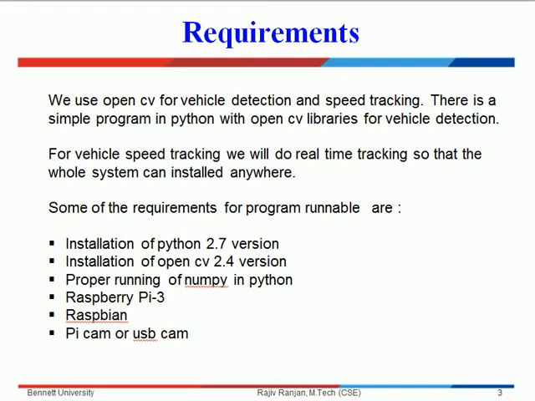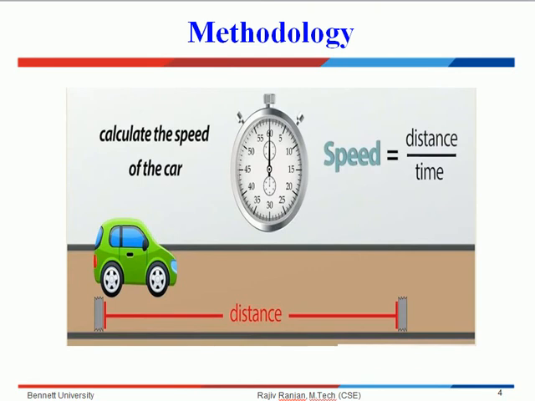Next we move forward to the methodology, the basic idea behind how we'll calculate the moving speed of the vehicle. We'll put two imaginary lines, two constant lines on the road, and mention that distance in our program. Then we calculate the time when the front of the car enters the first imaginary line, and also record the time when the front of that particular car reaches the second line.